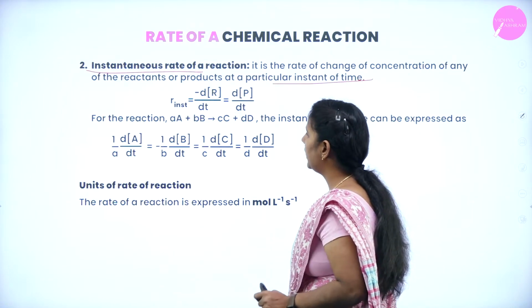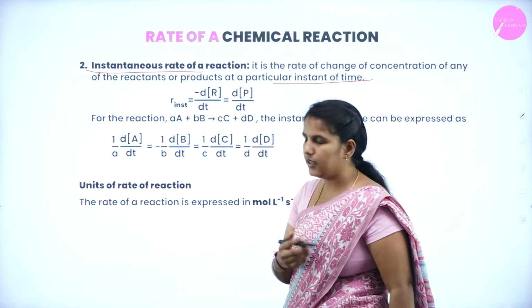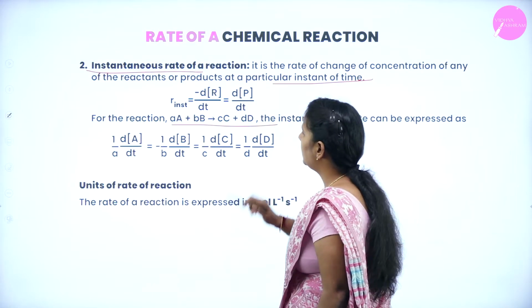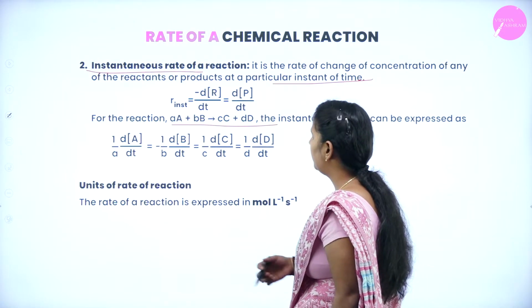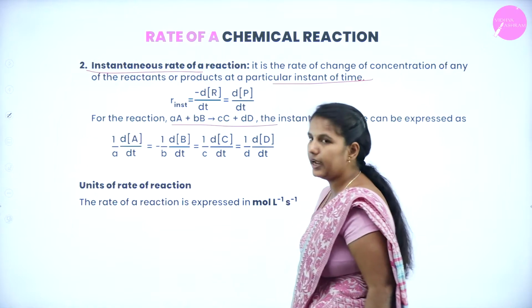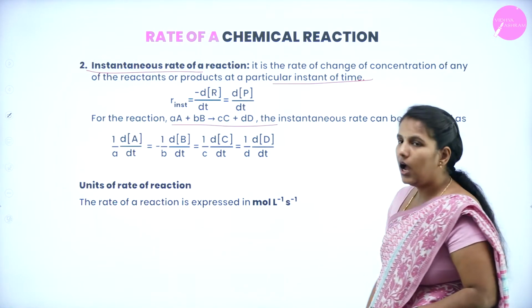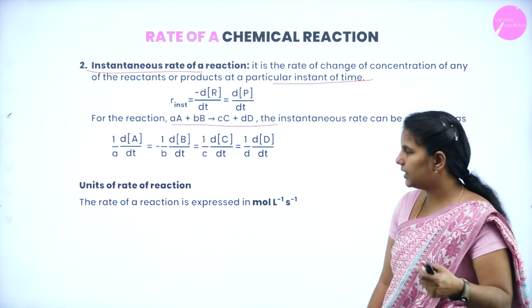For the above reaction, suppose I consider a reaction like aA plus bB gives cC plus dD. In this reaction, how to write the instantaneous rate? Let us see now.